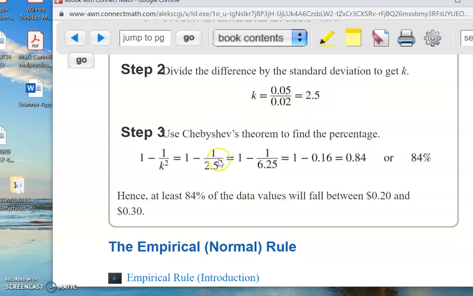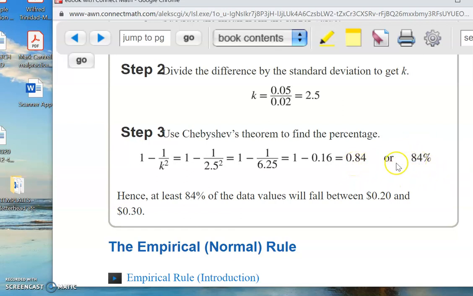So if 2.5 is our K, 1 subtract 1 over K squared is 1 subtract 1 over 2.5 squared, that's 1 subtract 1 over 6.25. Just plug it into your calculator, boom, it's 0.84. If you multiply that by 100, that gives you 84%.